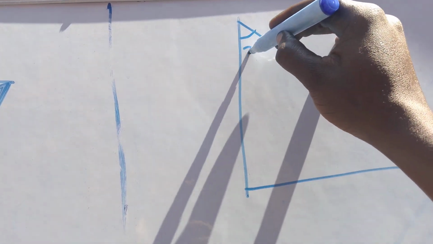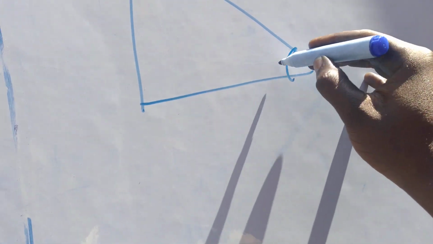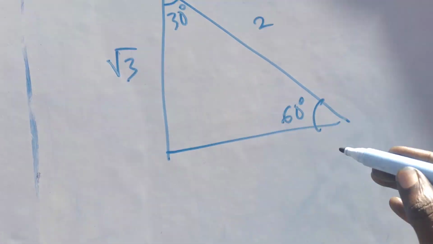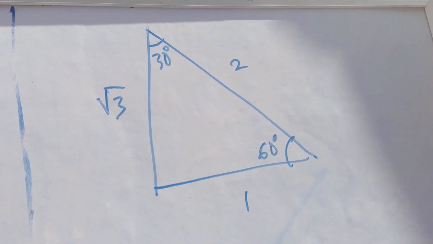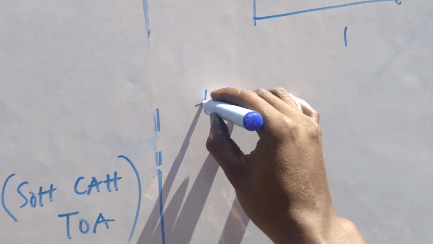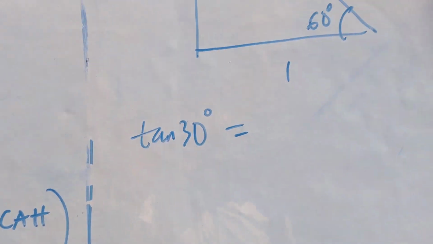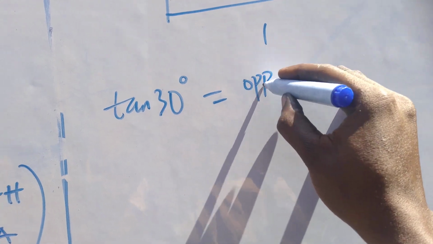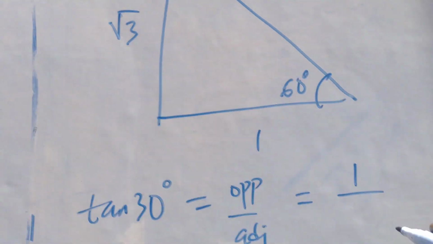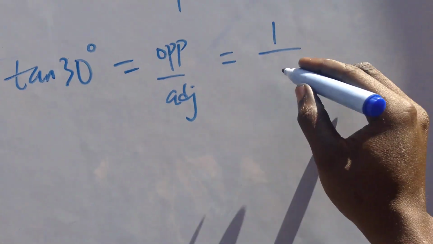If you have to use surd form, you say that if you have something like this, this is 30 degrees and this is 60 degrees. Over here is root 3, here is 2, and this is 1. So tan 30, the opposite side of 30 is this. Tan 30 is opposite over adjacent, and that's 1 over root 3.